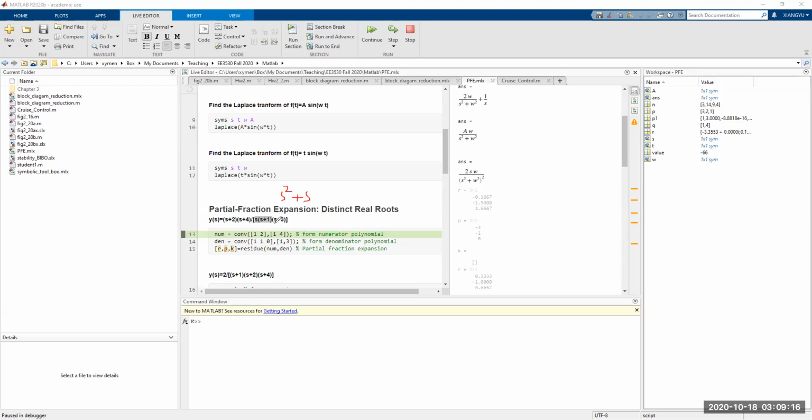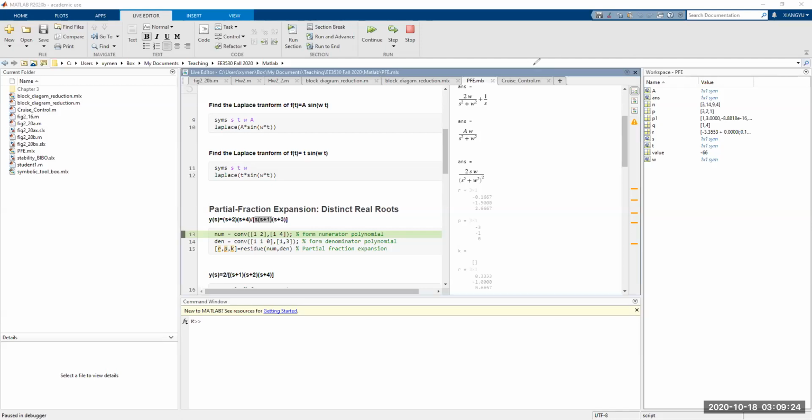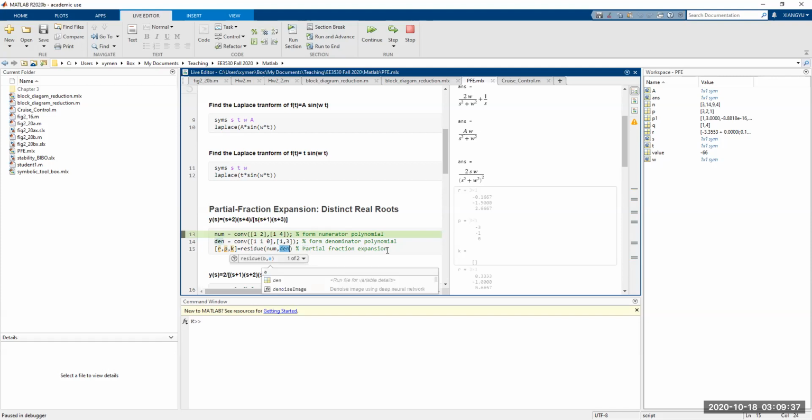The second polynomial is 1 and 3. Then we can use the MATLAB command residue with the numerator and denominator to find the partial fraction expansion. First, let's run this command, then I will explain what RPK means.